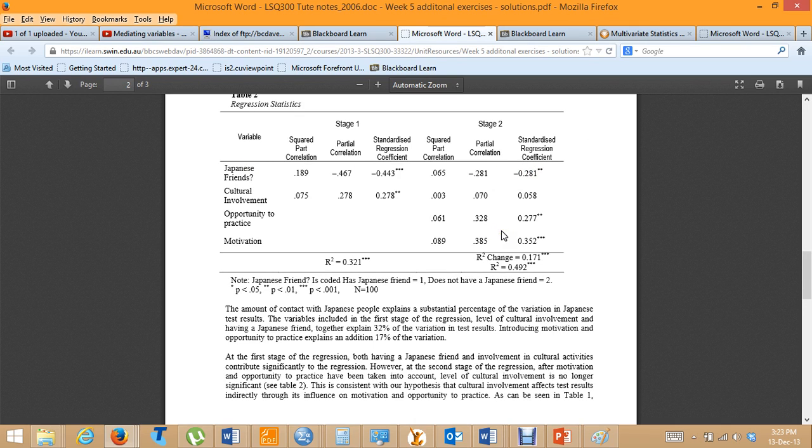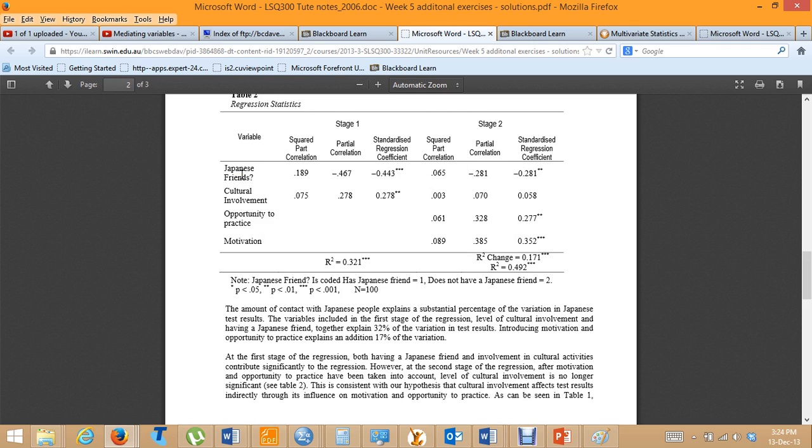Even though it's lower than it was at stage 1, it shows that there must be some shared variance between these two variables and this variable with the DV, which means that the regression coefficient declines, but it still remains significant at step 2.